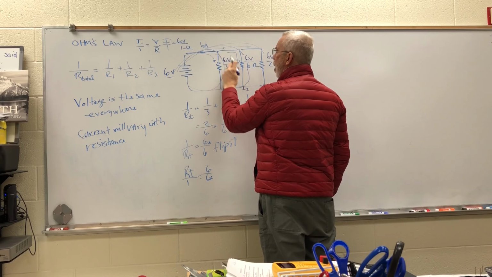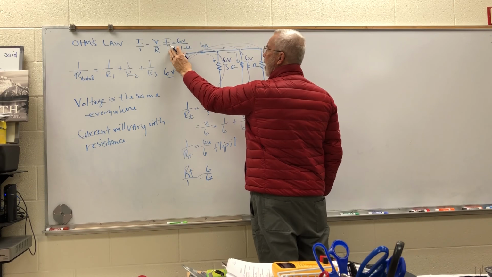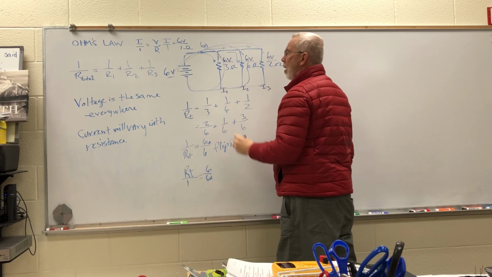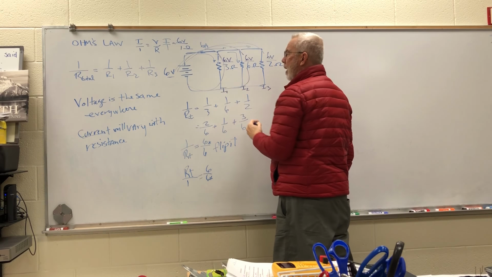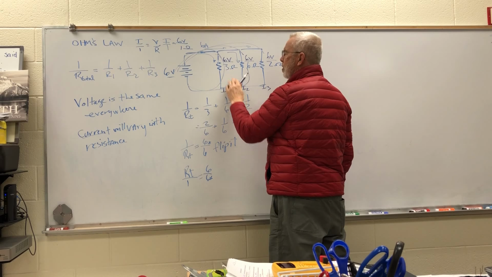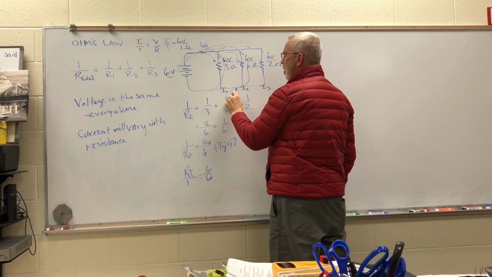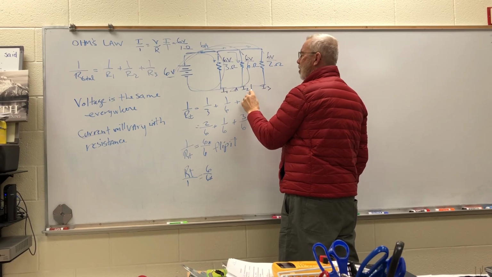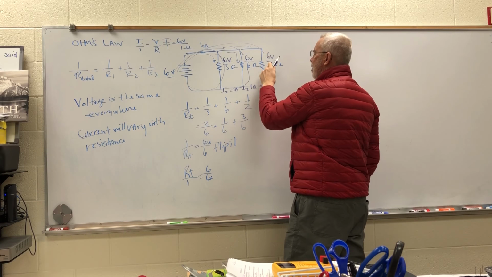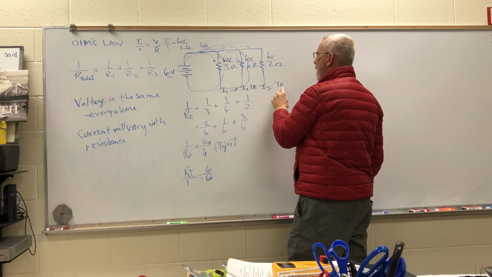Well, this should look awfully much like that same thing that we had here in Ohm's law, where there's voltage divided by resistance, excuse me. And so 6 divided by 3 is 2 amps. 6 divided by 6 is 1 amp. And 6 divided by 2 is 3 amps.